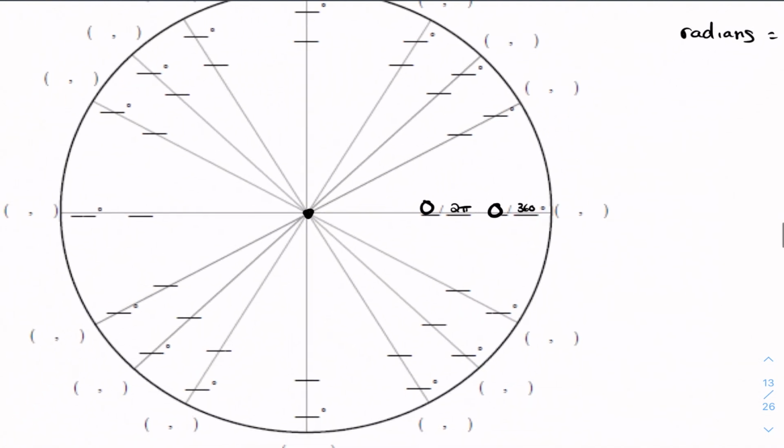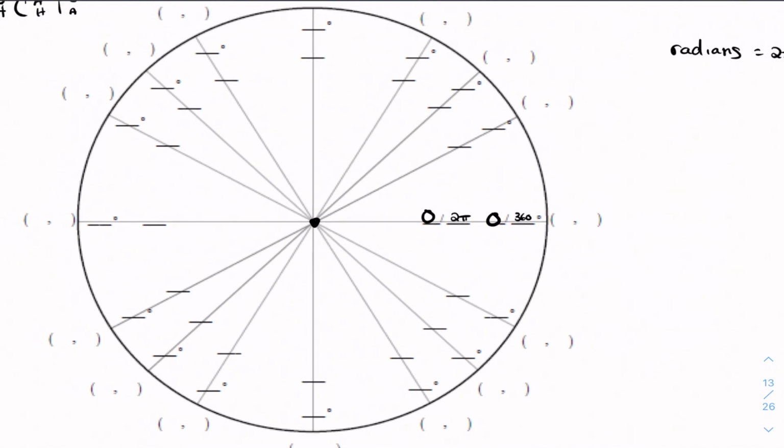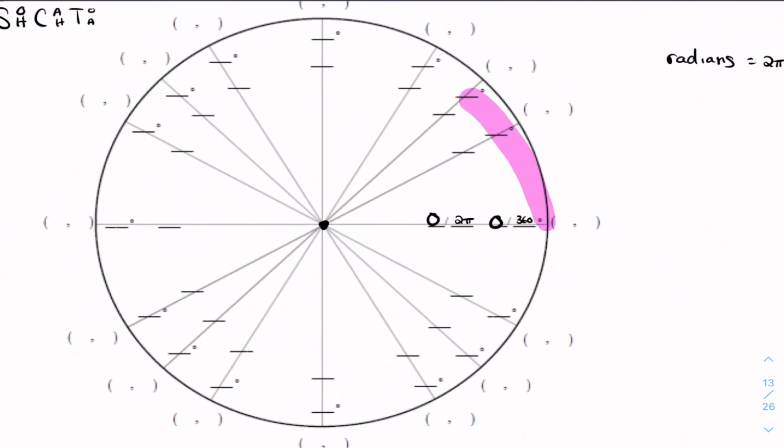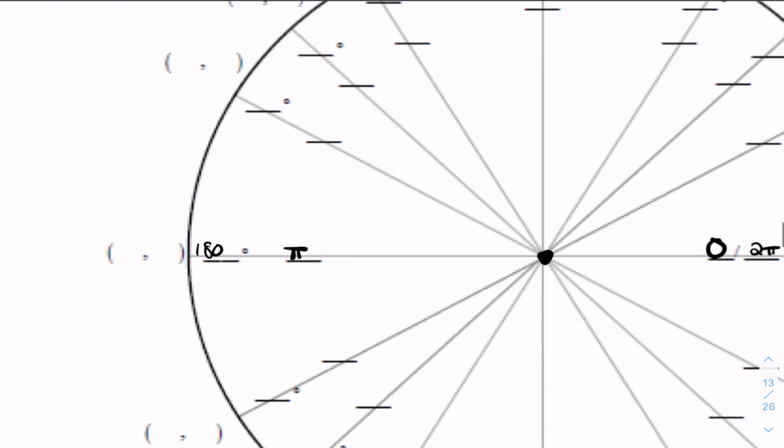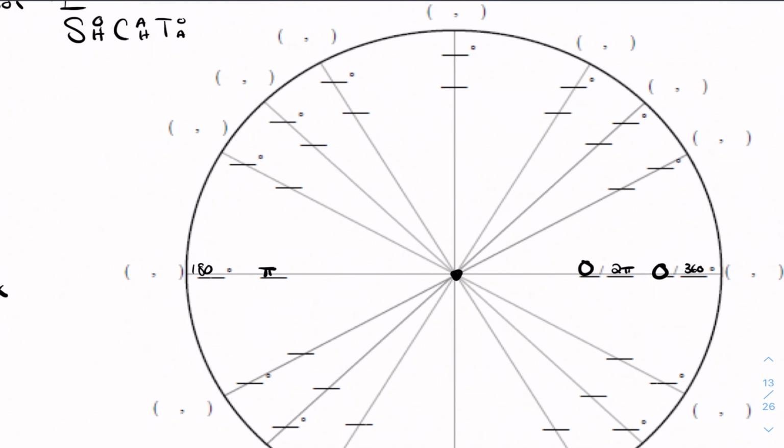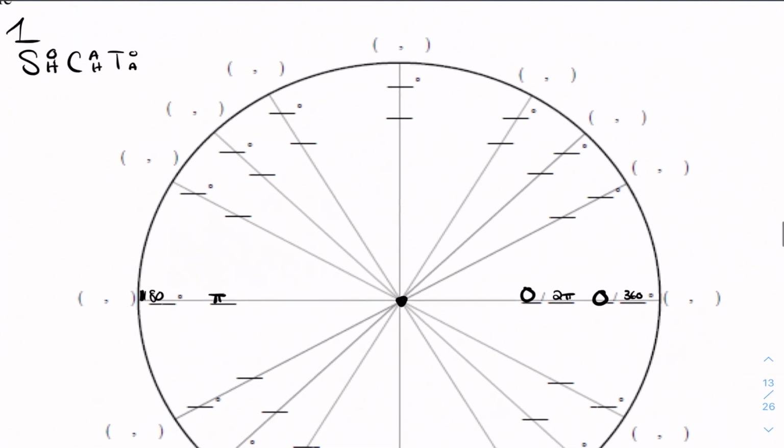And now what we do is we go, okay, cut that in half. If you go halfway around the unit circle, we would take half of 360, which would be 180. If we take half of 2 pi, we get pi. Again, going by halves of things, if we take half of 180, we get 90 degrees.